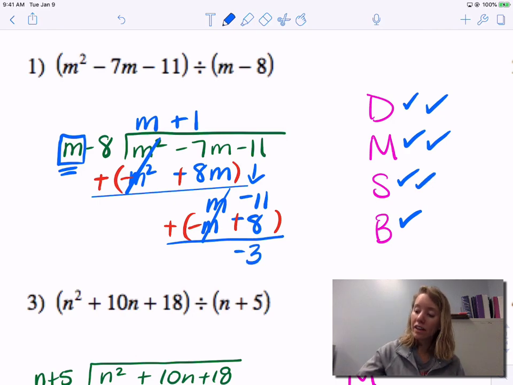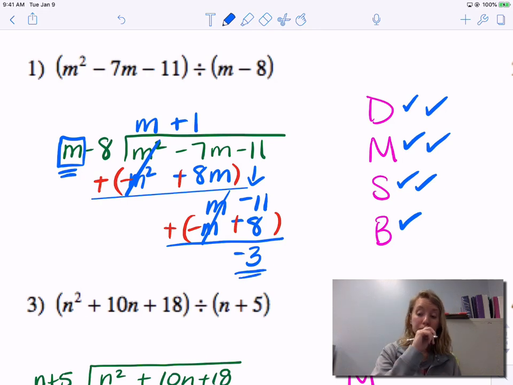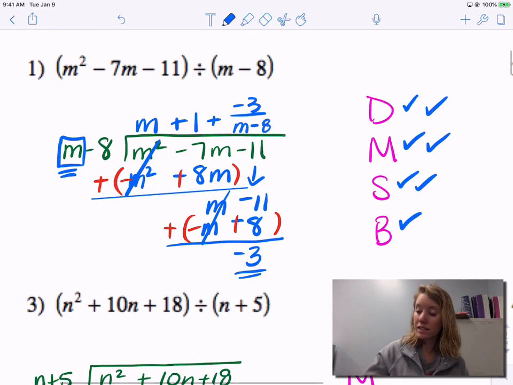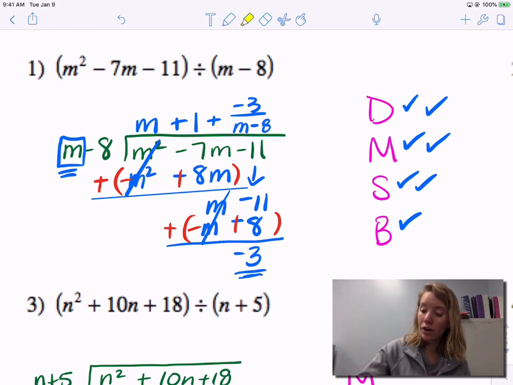Notice there's nothing left to bring down, which means that this is my remainder. And for our remainder, we could just say r negative 3, but for our polynomials, we're going to say plus negative 3 over m minus 8. So I take the remainder and I put it over this original divisor. You could also technically put a minus here, okay?